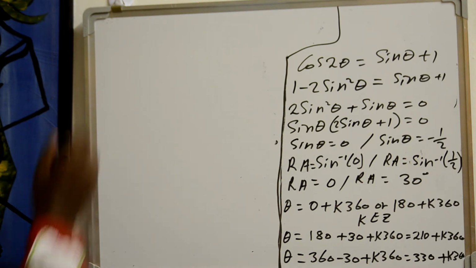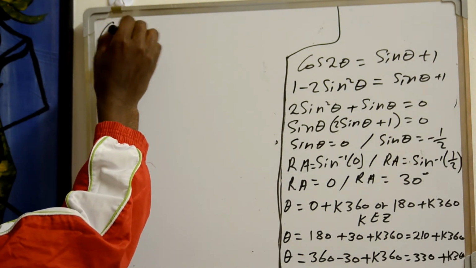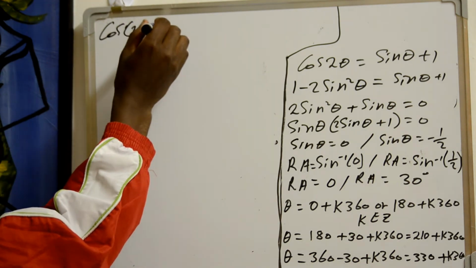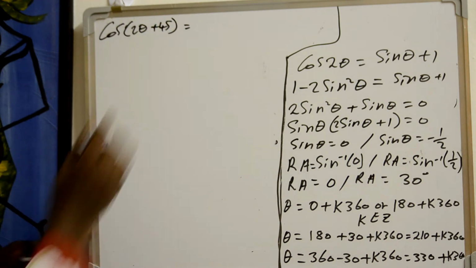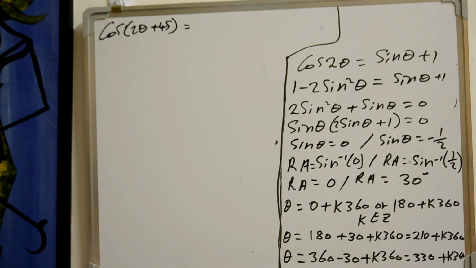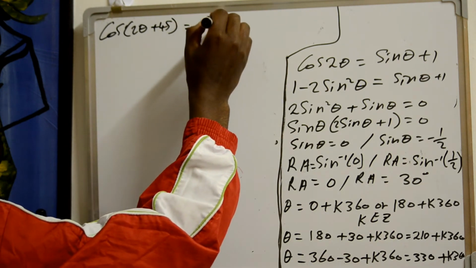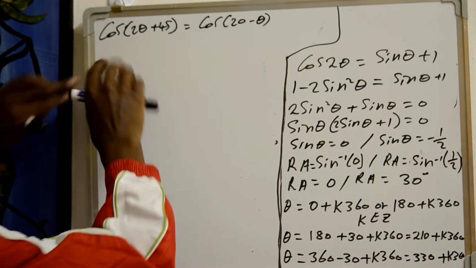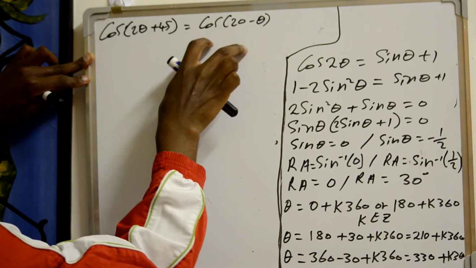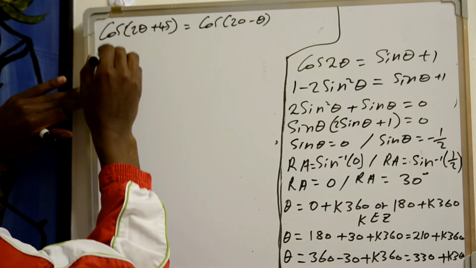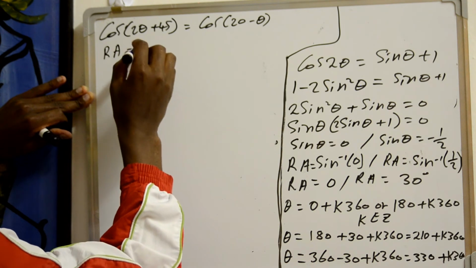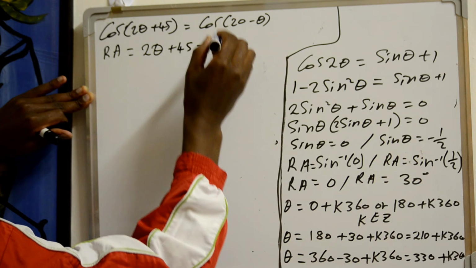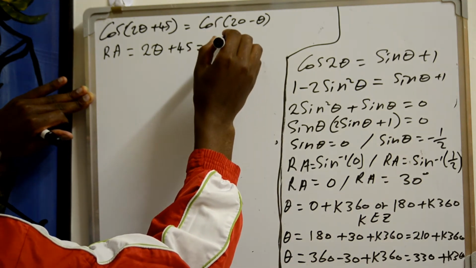You see, cos of 2 theta plus 45 equals cos of 20 minus theta. So the ratio is fine: cos equals cos. The ratios are the same, so equal ratios, equal angles.